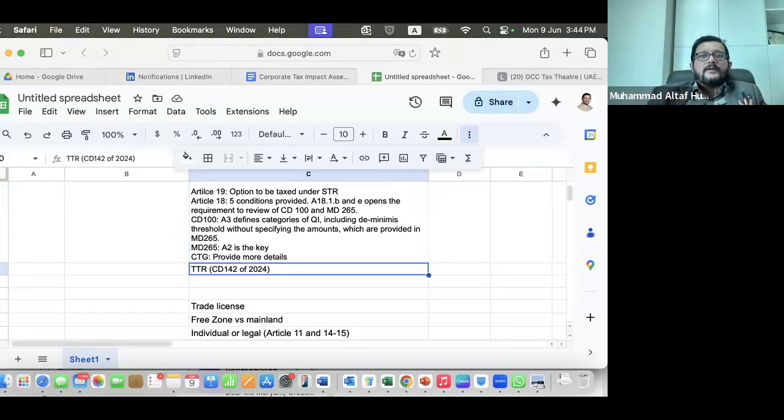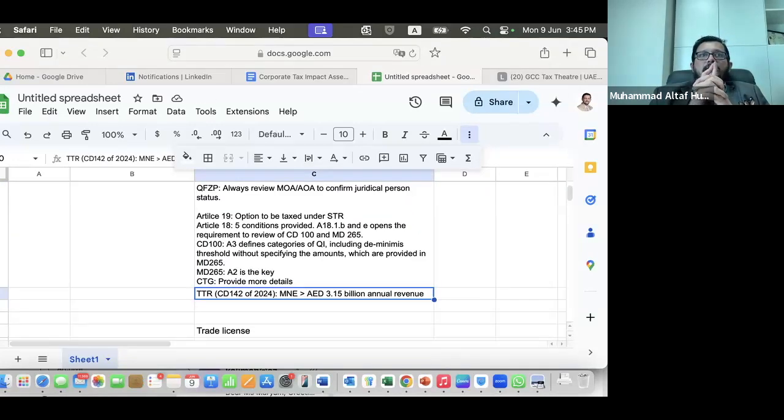Now, this will probably not immediately come in, but it is for multinational enterprises which exceed AED 3.15 billion annual revenue. So it could have been an MNE, it would be an MNE. But again, if you look at this decision that was mentioned for MNEs, this regime is effective for tax periods of 2025 onward. Okay. So that we can look at, right?